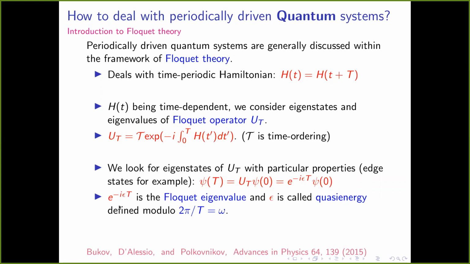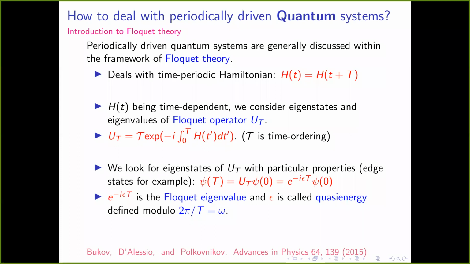So e to the power minus i epsilon T is called the Floquet eigenvalue, and this epsilon is called quasi energy, because energy is not a good quantum number. Another thing is that epsilon is defined only modulo omega, which equals 2 pi by T. If you shift epsilon by epsilon plus p times omega, where p is an integer, you get the same number. So the quasi energy is defined only modulo omega.